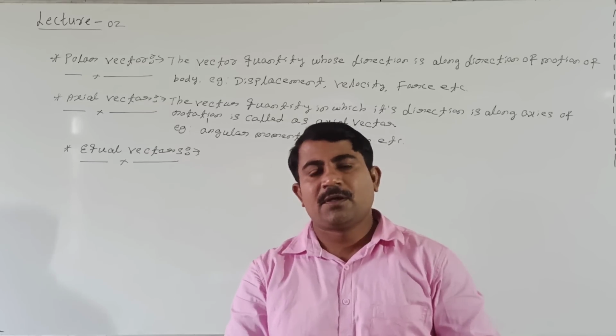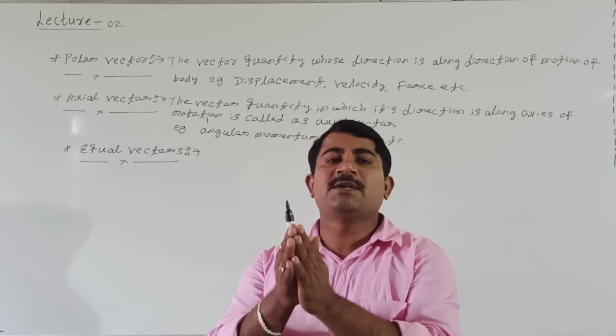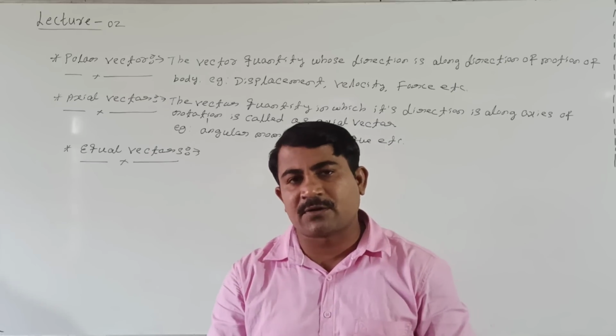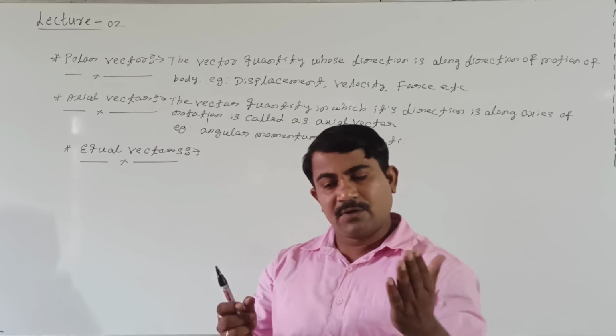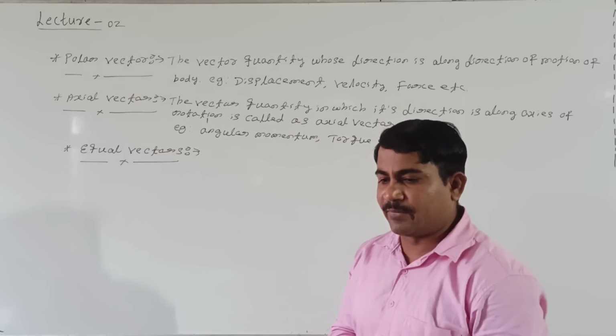Two vectors are said to be parallel if they have the same direction and same magnitude. Such vectors we are calling equal vectors.